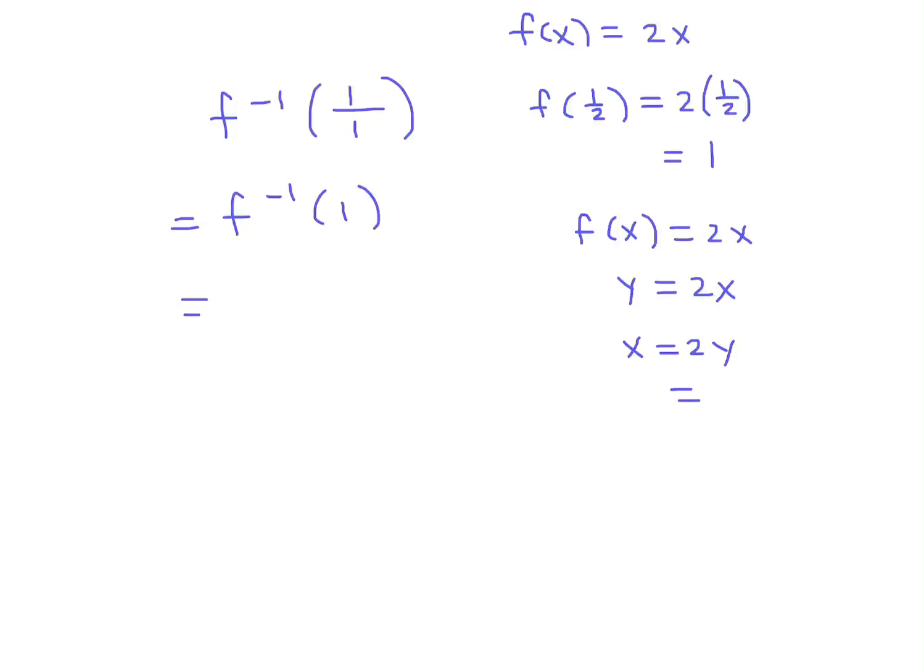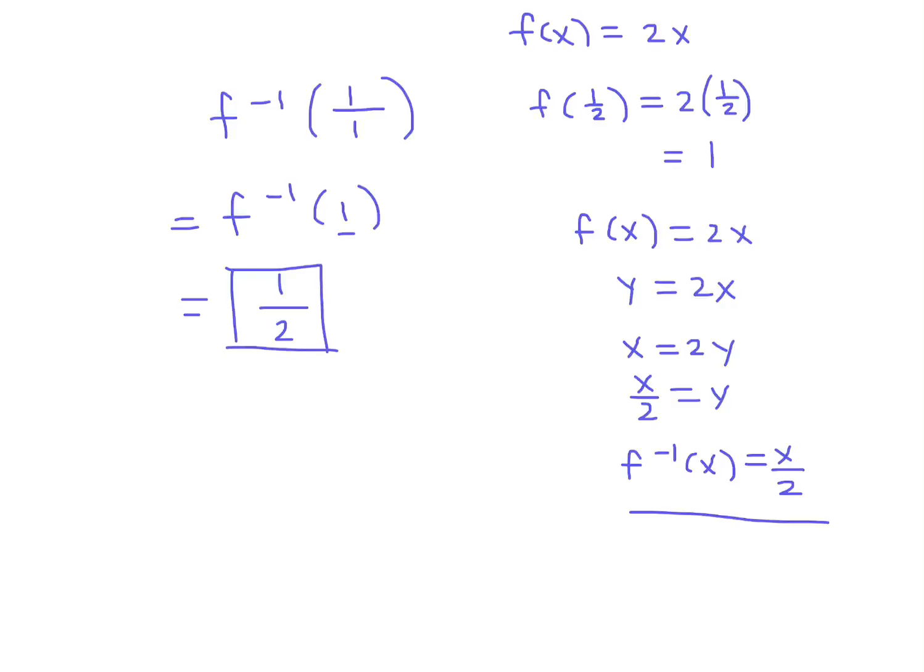So x is equal to 2y, and therefore y is equal to x over 2. So f^-1(x) is basically x over 2, like that. So if you have a value of x as 1, this would basically become 1 over 2 using this formula. And that's it. That's the final answer.